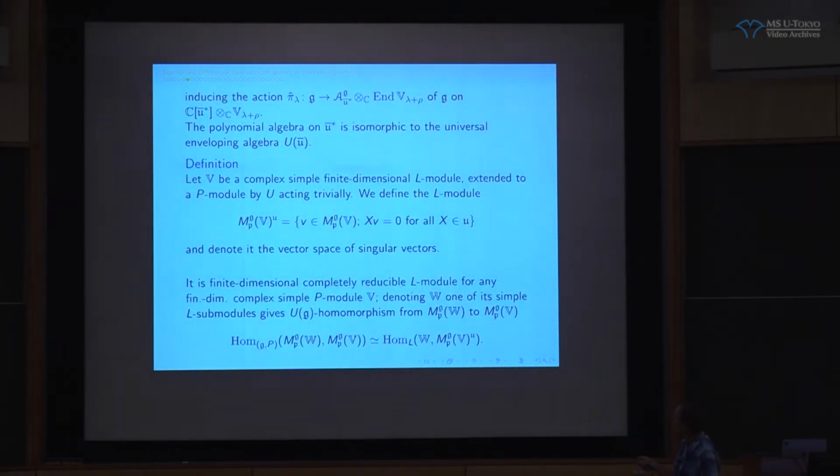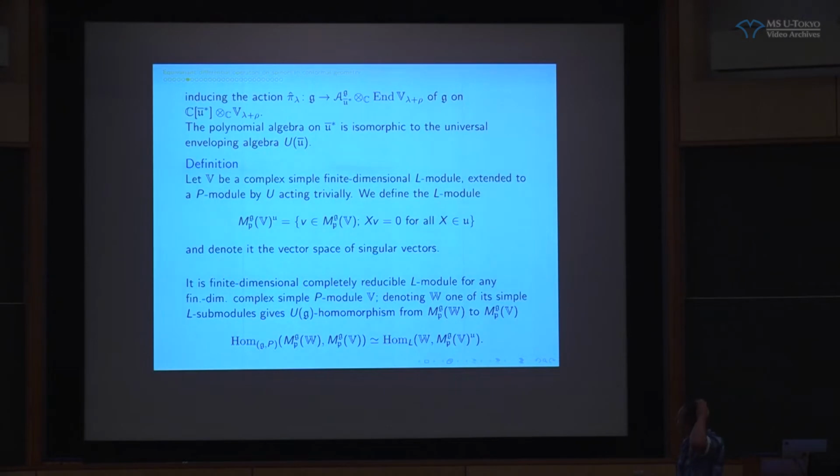Okay, so the previous representation pi lambda can be Fourier transformed to the representation pi hat lambda. Again, it's a homomorphism from g to the Fourier dual Weyl algebra over U bar star, tensored with the endomorphism algebra of the inducing representation by character lambda plus rho, and this is the action on polynomials on the nilradical times that representation.